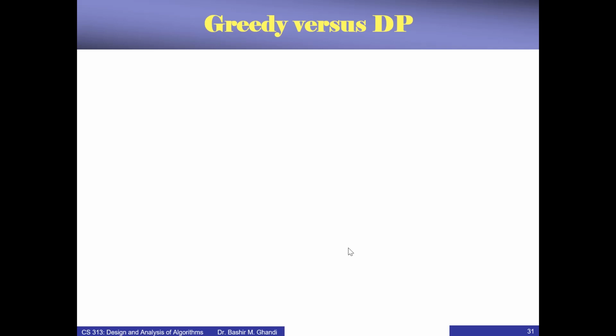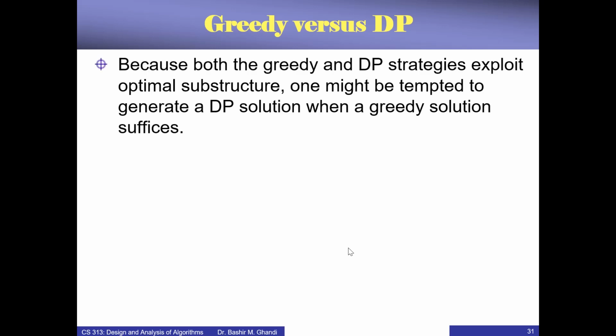We're now going to try and compare greedy and dynamic programming by looking at an interesting example. Because both the greedy and dynamic programming strategies exploit the optimal substructure, one might be tempted to generate a DP solution when in fact a greedy solution will suffice.